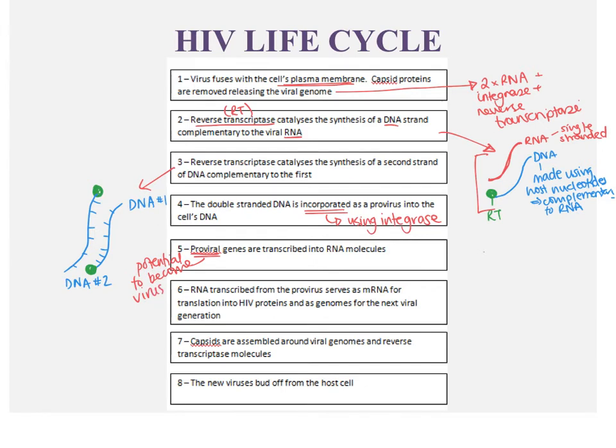Okay, and those pro-viral genes that we spent all of that time going from HIV RNA to one strand of DNA to make another strand of DNA, we're now going to make back into RNA molecules. Okay, those RNA molecules are going from DNA to RNA, and we know that the next step is taking that RNA and transcribing it from RNA to proteins.